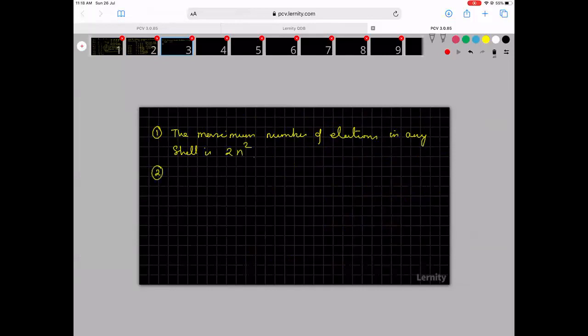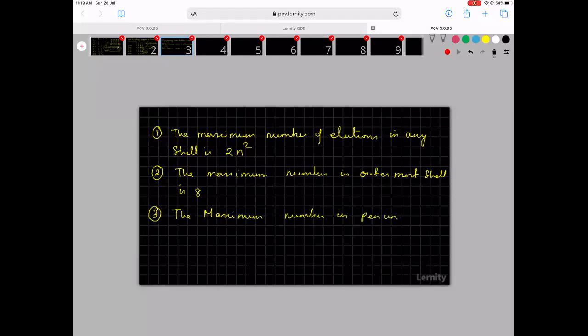Then the maximum number in the outermost shell is 8. The maximum number in the penultimate shell, meaning one before last, is 18. There are many exceptions, not just some.